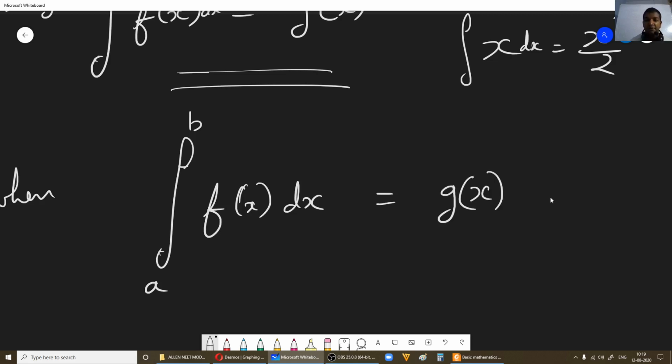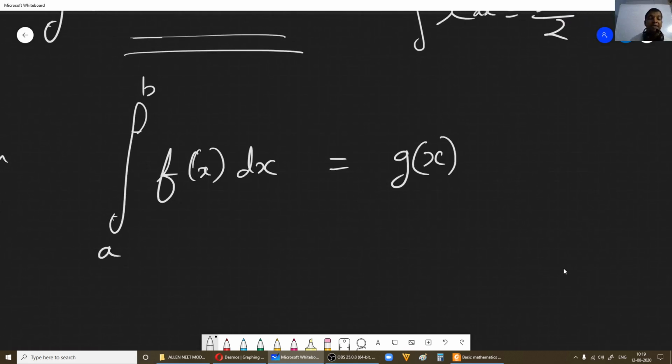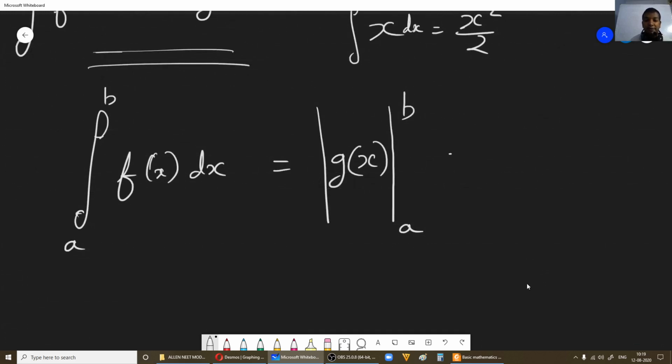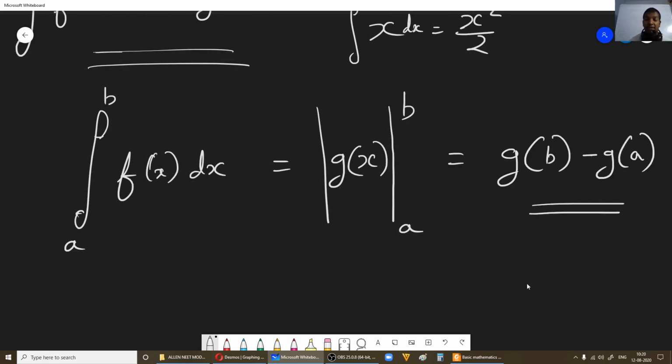Now for definite integrals, when you consider these limits, we will take g of x and write it with limits a to b. What it actually means is you have to find g of b minus g of a. This will be the end result of definite integration.